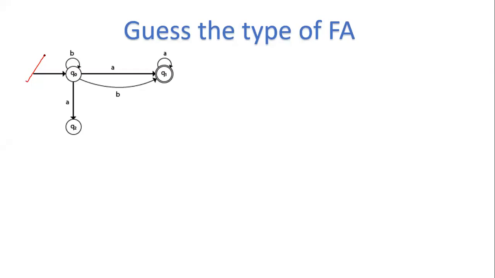Please, all of you try to respond, interact with me. Tell me this automata is which type, whether it is a DFA or NFA or NFA with epsilon. Some people said that this is DFA. Others, please, you also try to respond.